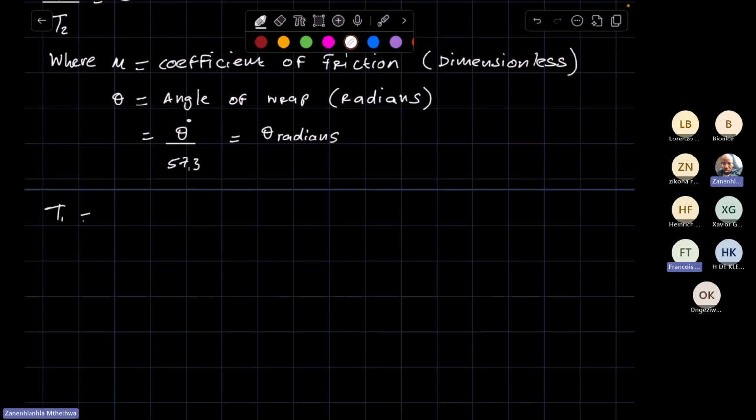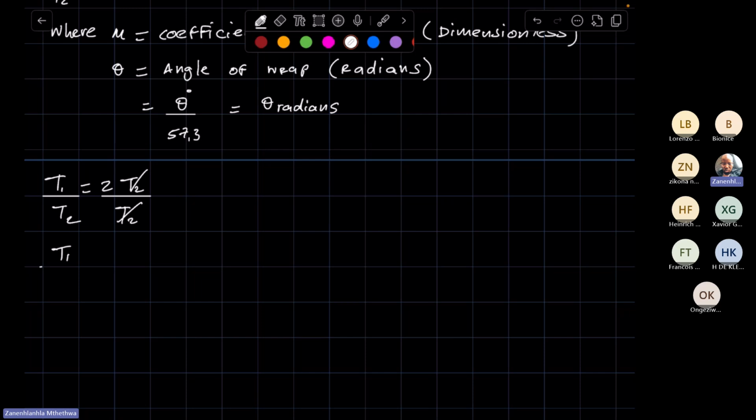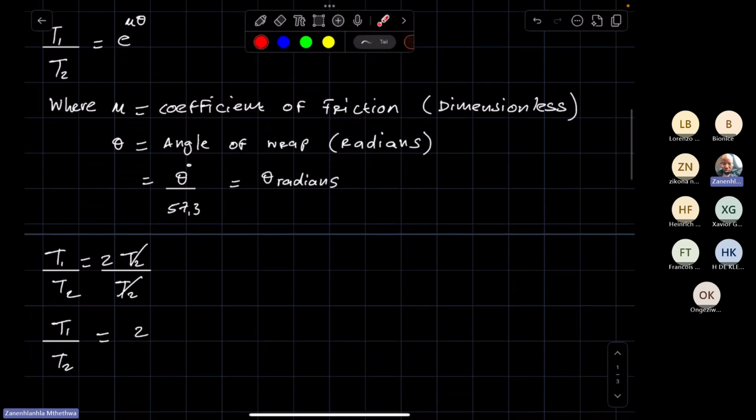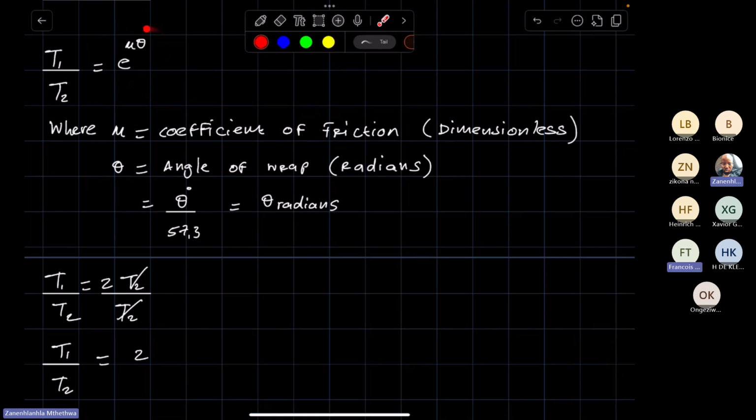If you divide both sides by T2, that cancels, meaning T1 over T2 is equal to 2, which essentially means they've already worked out the right-hand side of the formula for you. So the right-hand side of the formula is normally given to you.